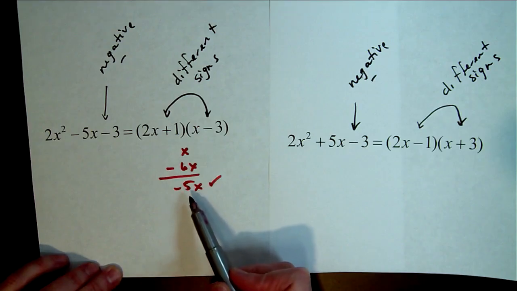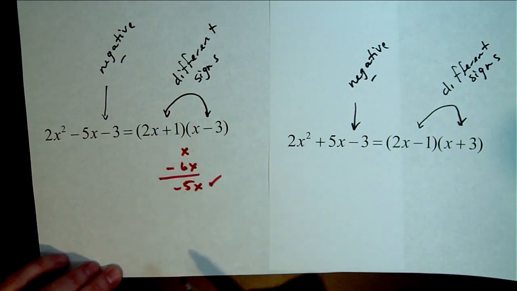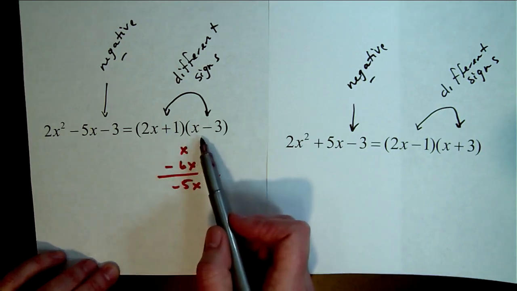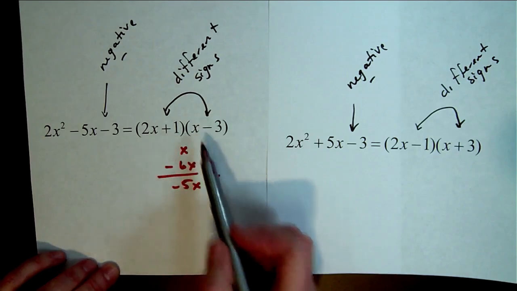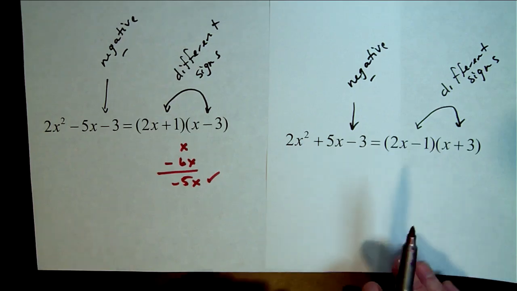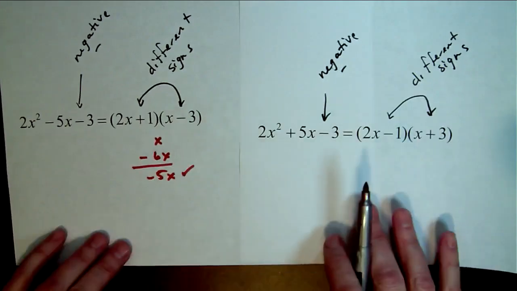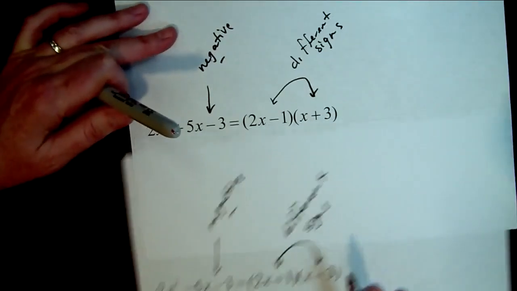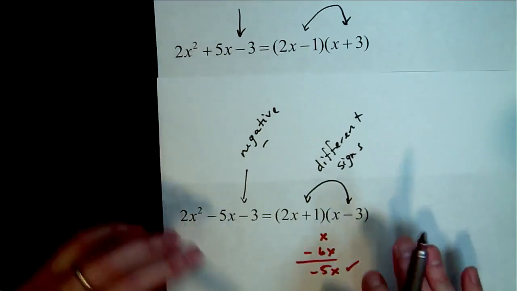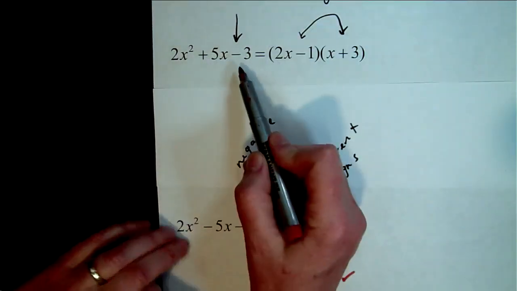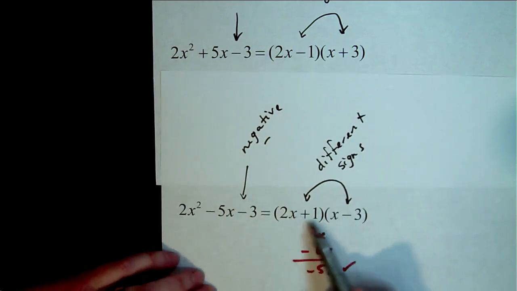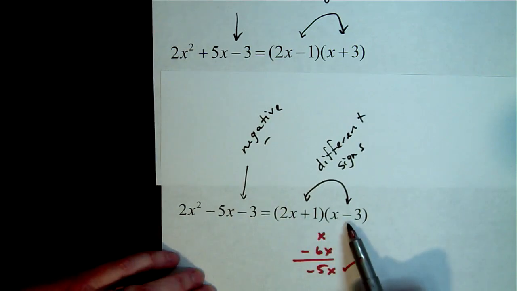Now the good news is, if you have your signs in the wrong place, you can change the sign of the middle term just by reversing these. Let's say I was working on this one with a plus in the middle, and I just guessed that that would be my factorization.